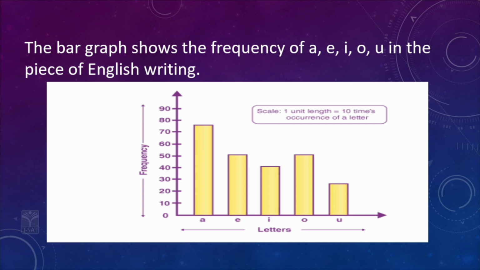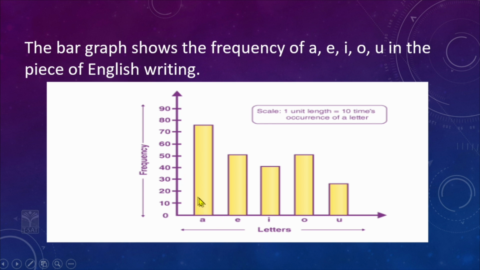The bar graph shows the frequency of letters in a piece of English writing. Here the bar graph is given, with the frequency on the y axis and the letters on the x axis.